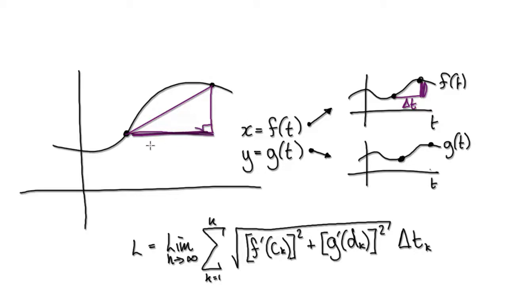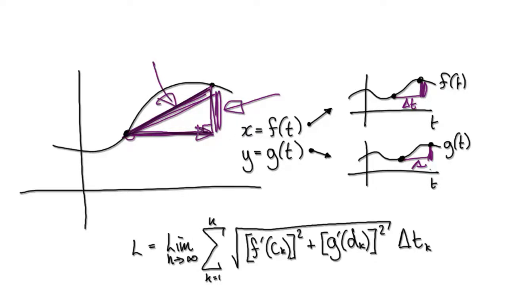So you can think of this as being the distance traveled for a unit of time, and then this height here represents this thing here. So you can think of this as being the distance traveled for a small unit of time, delta t. So by using Pythagoras, you can work out the diagonal length.